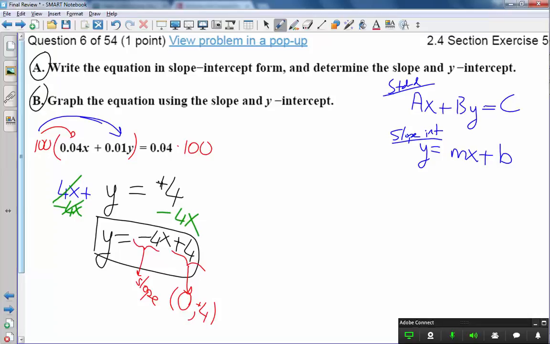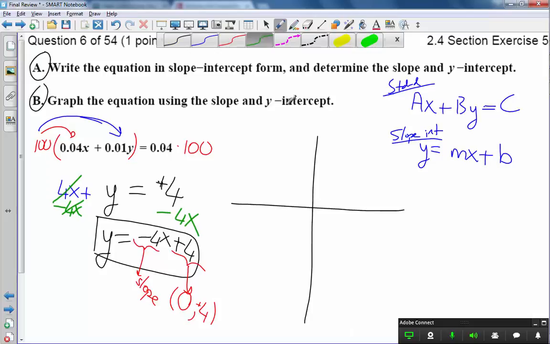It wants us to graph this thing. This is not too bad. By using the slope and y-intercept you obtained, here is the y-intercept, let's first mark it. 0, 4 is right here. 1, 2, 3, 4. This is where you're going to start, and it's a -4 slope.